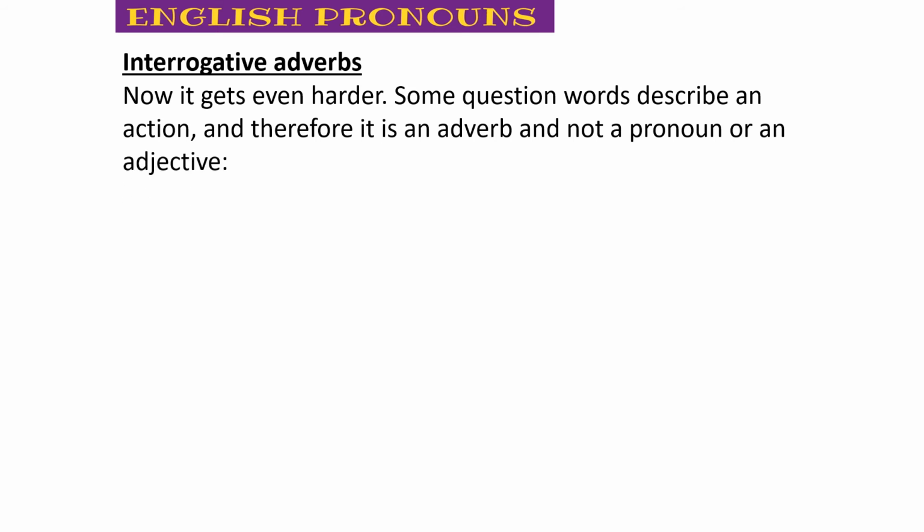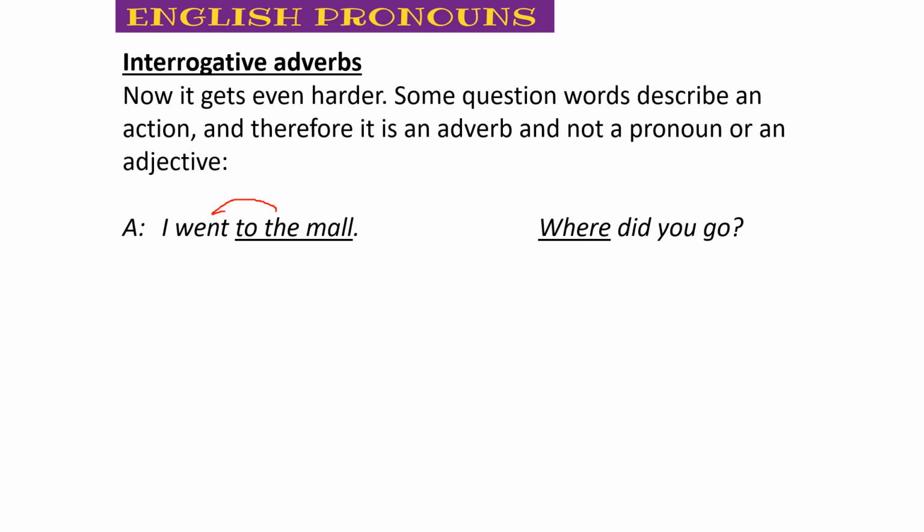If I say "I went to the mall", that is describing where you went, and this is an action. So this is being replaced by where, which will always be an interrogative adverb. Same here. "I drove very fast." Drove is a verb. Very fast is an adverb.